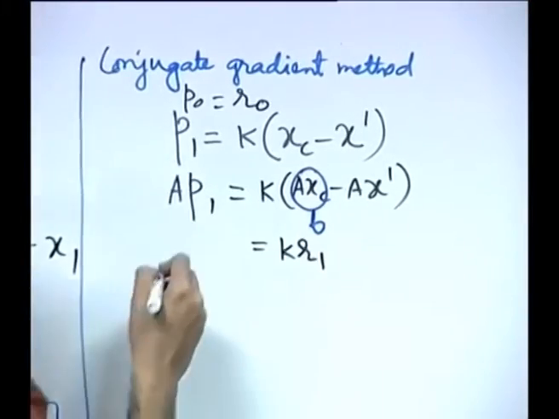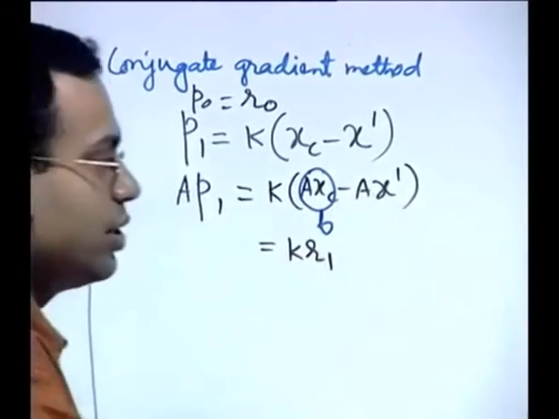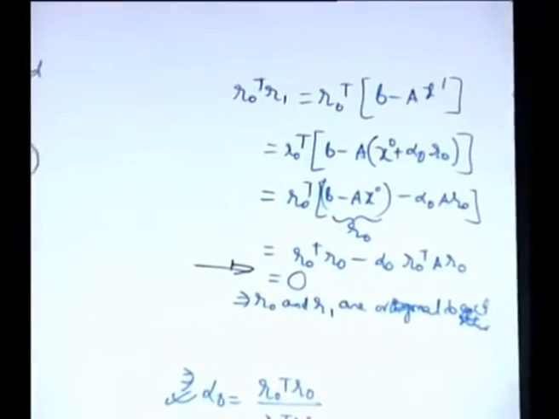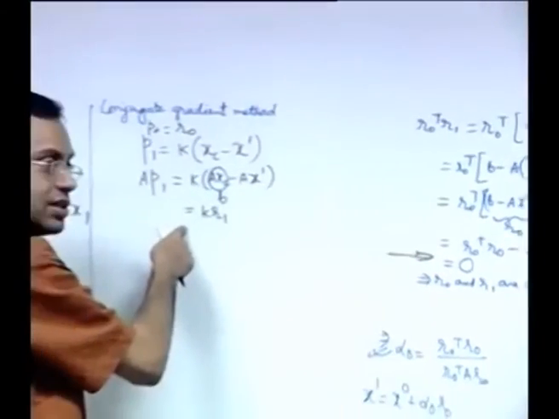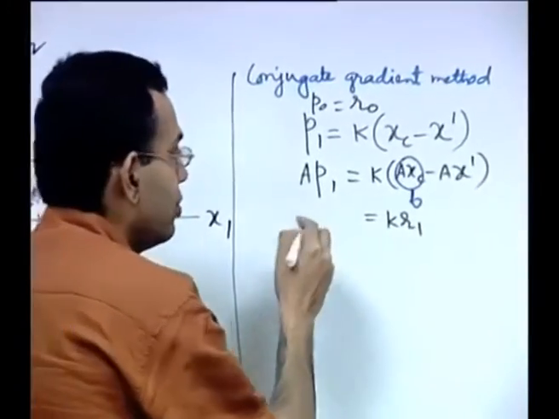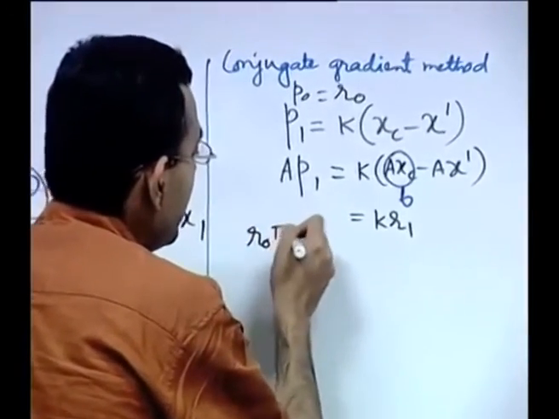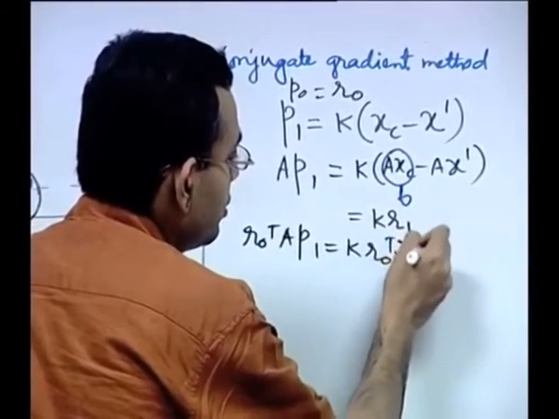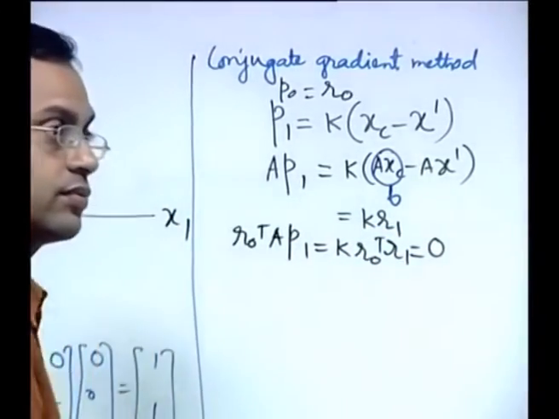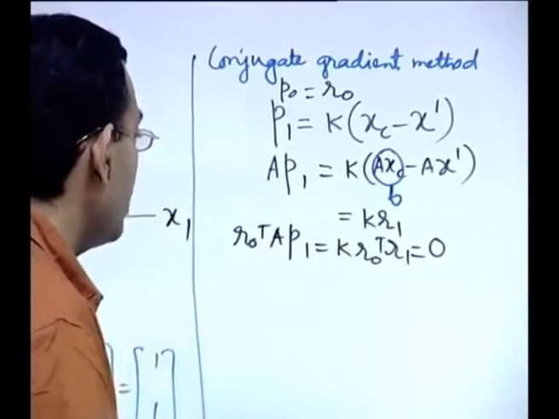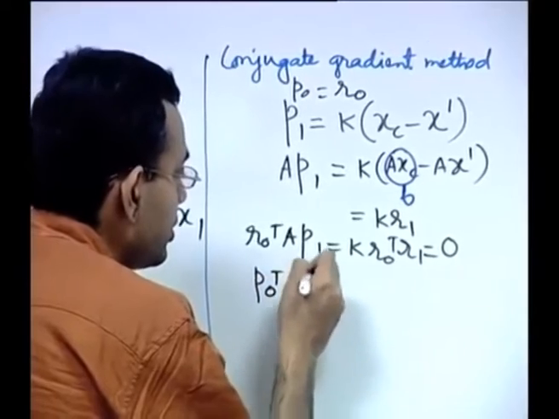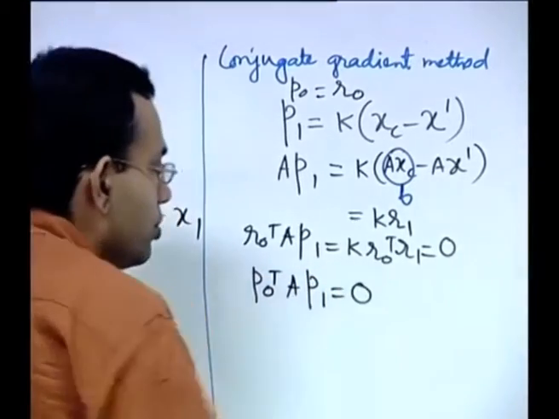You know that r0 transpose r1 is equal to 0, which we have just proved. So if you multiply both sides by r0 transpose, then it will become 0. So r0 transpose A p1 is equal to k r0 transpose r1, this is equal to 0. And r0 is nothing but equal to p0, so we can write p0 transpose A p1 is equal to 0.